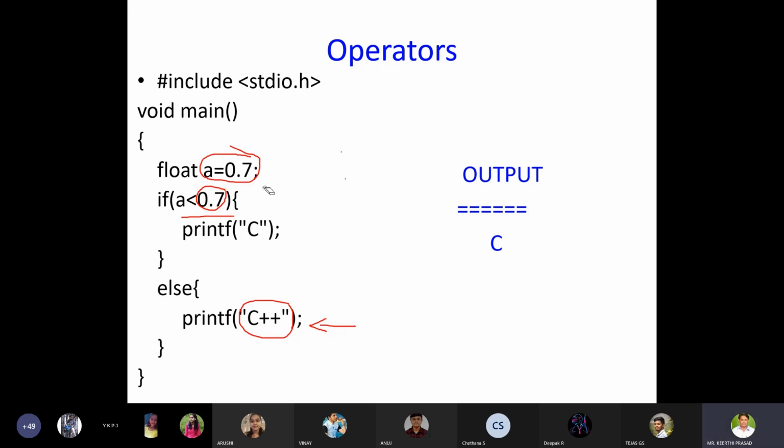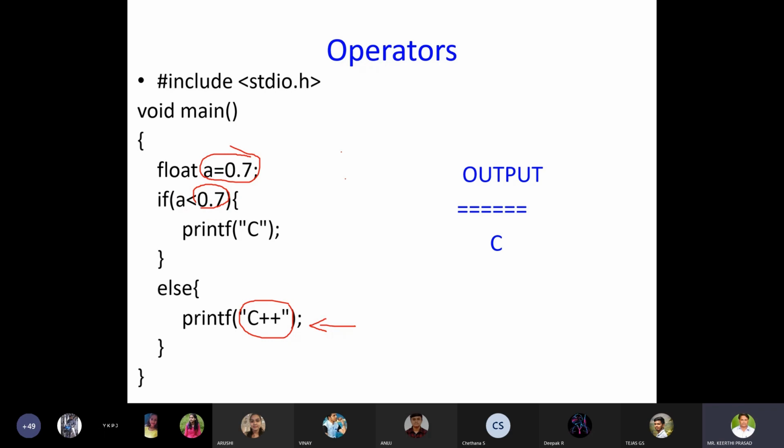We know that float occupies 4 bytes. Double requires 8 bytes of information. So overall, float 0.7 is always less than double 0.7. It is true. If this 0.7 was also float, then your answer would be correct.